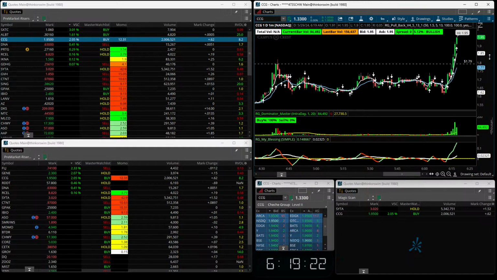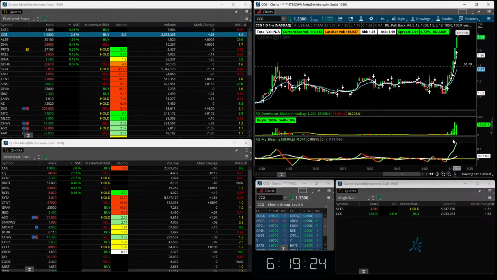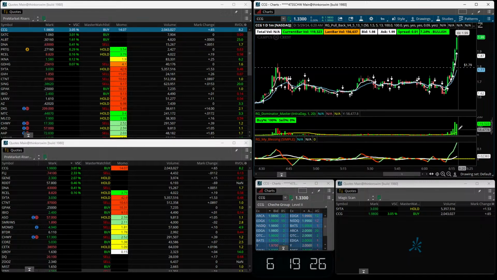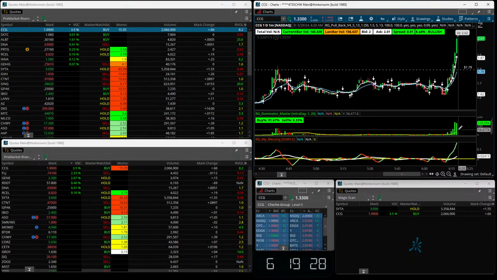Red dominator bar coming in. Disappeared, went back green. Was just a quick flash on my end. Up to $2.02. No chance of a pullback on this one. You would have had to chase green candles to get in.